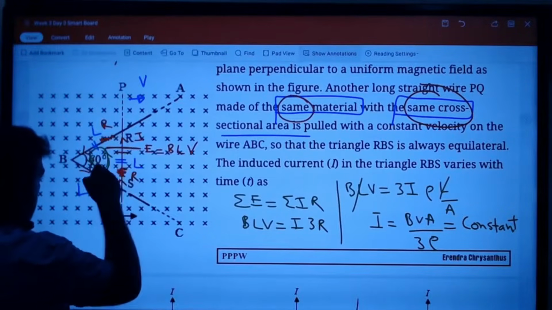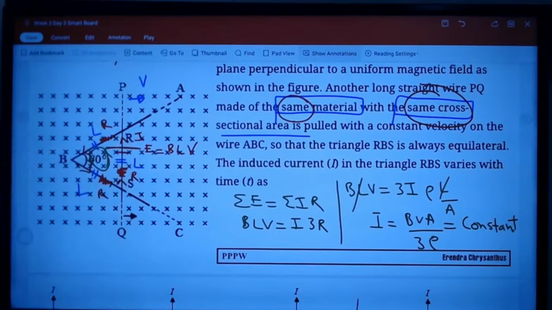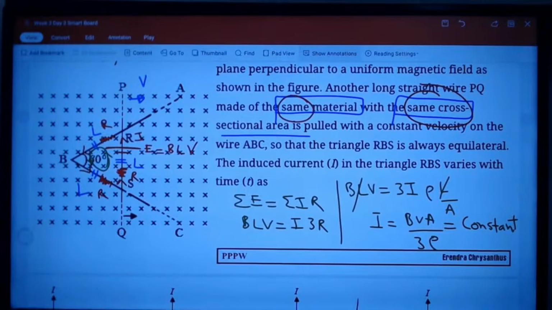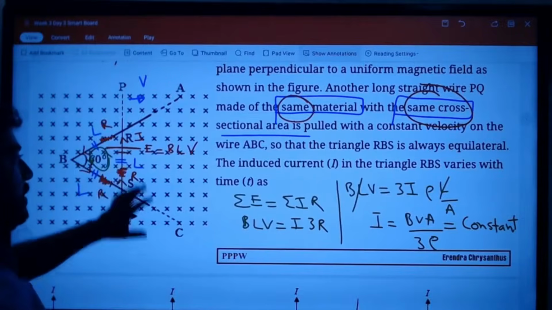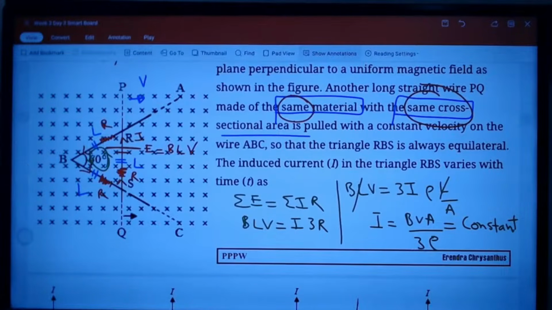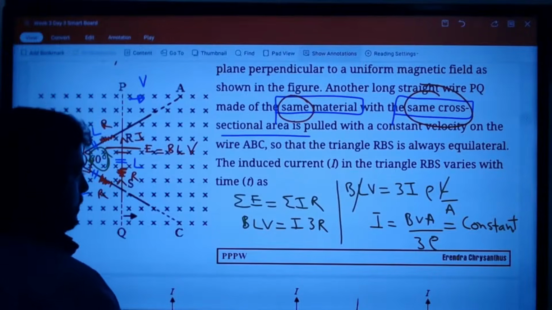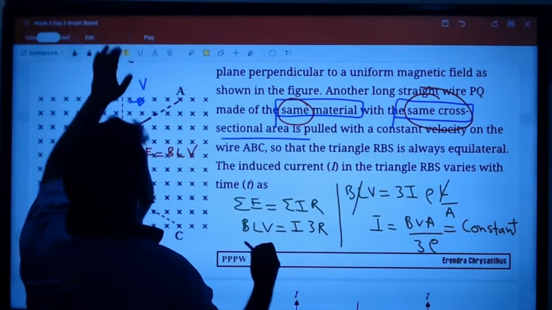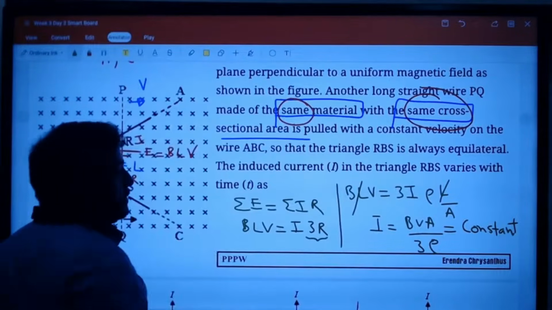Since it's an equilateral triangle, the length of each part will be the same, which will give us 3 resistors in series.